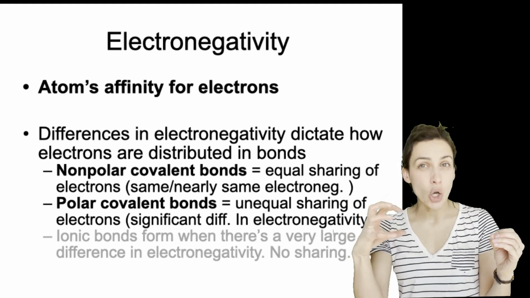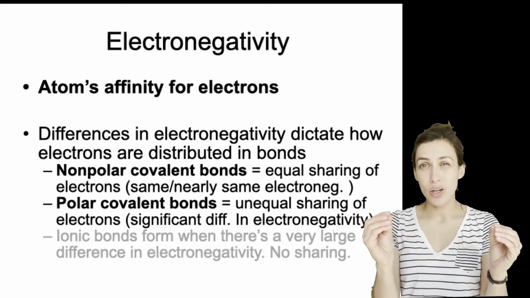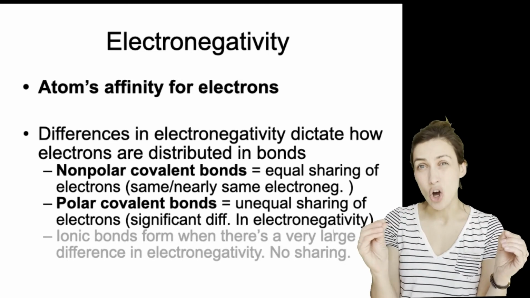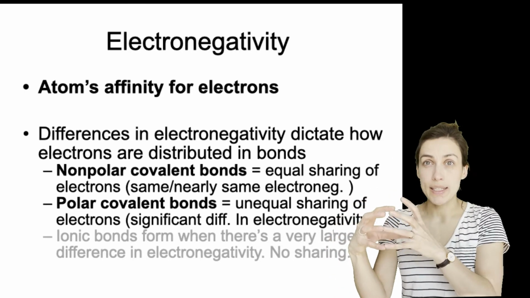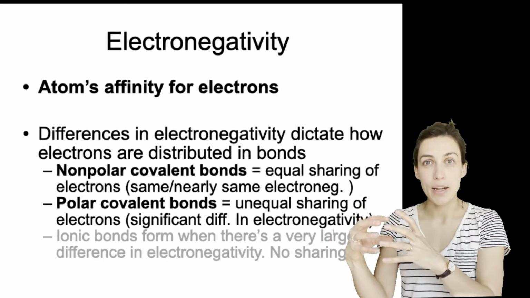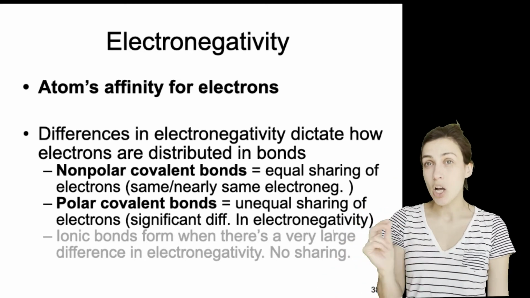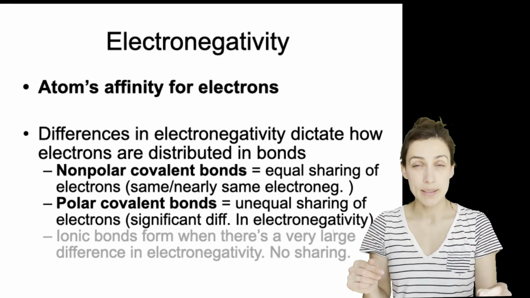And they stay closer to that nucleus. Therefore, those shared electrons are not being shared evenly at all. They spend more time closer to the nucleus of the more electronegative atom. Those covalent bonds where sharing is not equal are called polar covalent bonds.